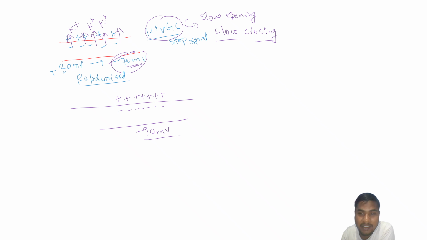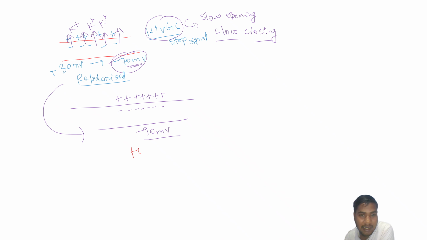Sometimes it reaches minus 110, so the membrane potential changes to minus 110. The membrane should repolarize to minus 70 millivolt, but it is repolarizing to minus 90 and minus 100 millivolt. In this scenario, the membrane is called hyperpolarized.